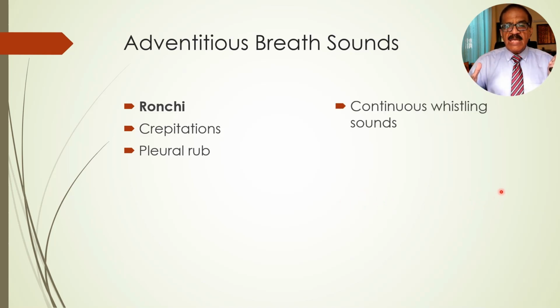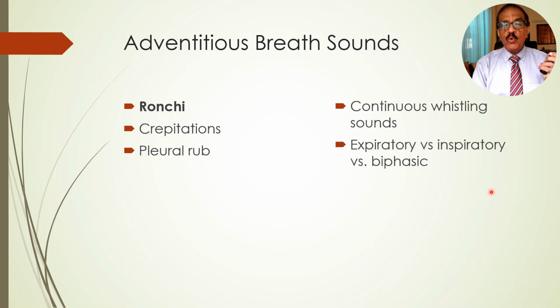Sibilant rhonchi are high-pitched, and they are mostly seen in asthma, whereas sonorous rhonchi are relatively low-pitched sounds, and they are more characteristic of bronchitis. This is a feature of asthma, and these are usually seen in COPD, two groups of disorders where there is obstructive airway disease.